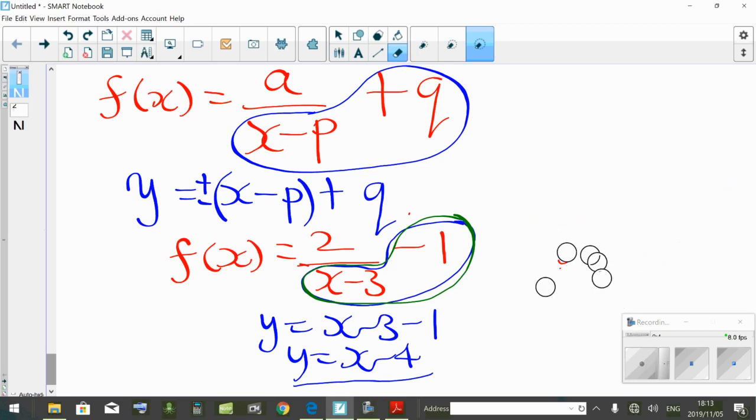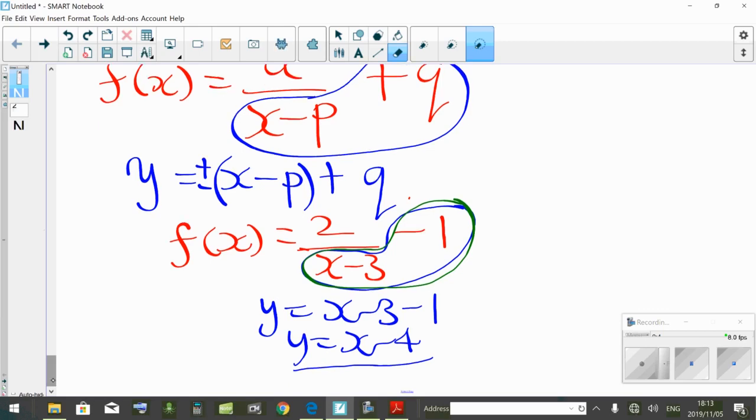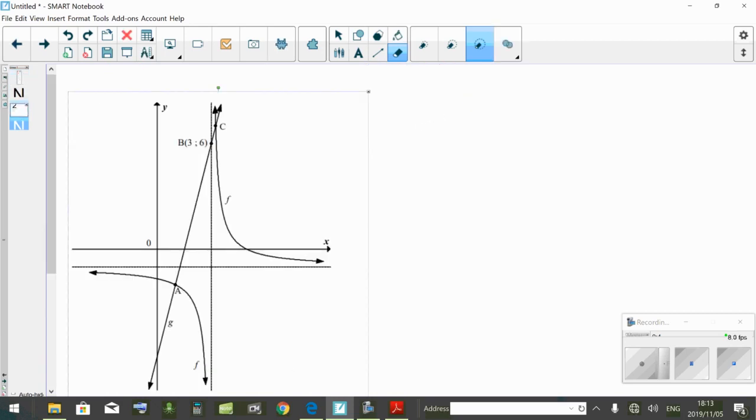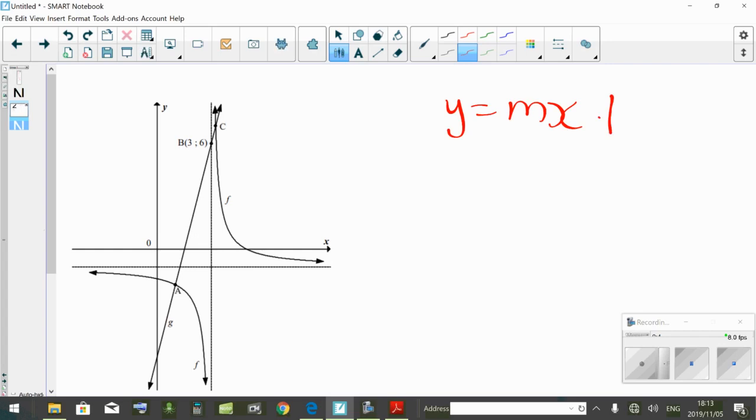Now there's an alternative method. If you are old-fashioned, like some of the people that I know, you would want to do it the old-fashioned way using y is equal to mx plus c. What you need to remember, however, is that m must always be 1. For an axis of symmetry of a hyperbola, m is either plus or minus 1. So in this case, since we want a positive gradient, we know it's y is equal to x plus c.